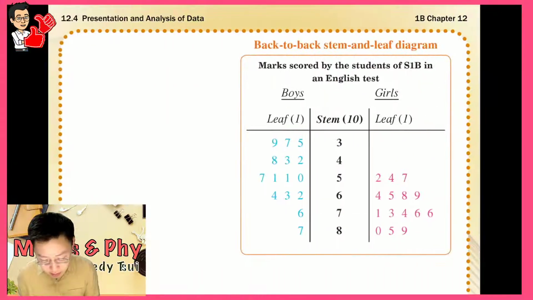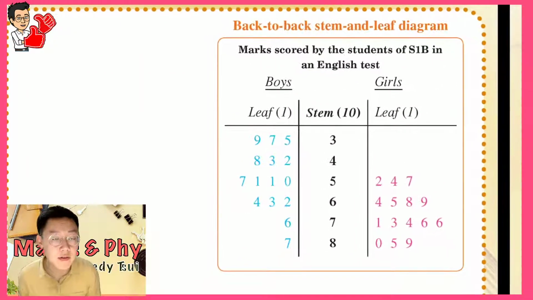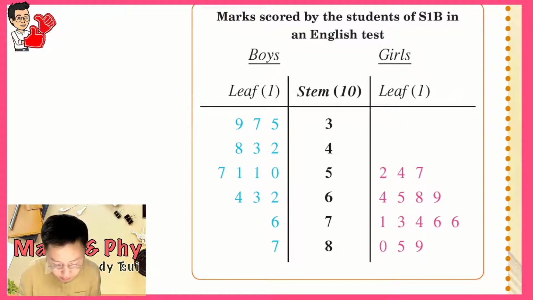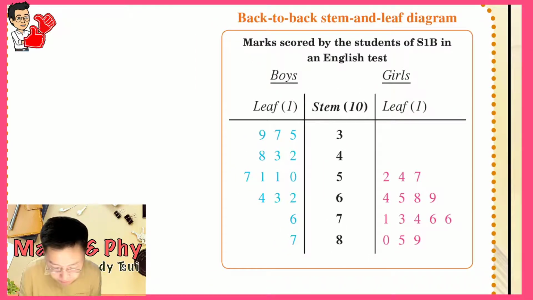Okay, and after we combine the stem-and-leaf diagrams, here is how the back-to-back stem-and-leaf diagram looks. You can see the left-hand side here is the boys. For the normal stem-and-leaf diagram, we only have these parts.